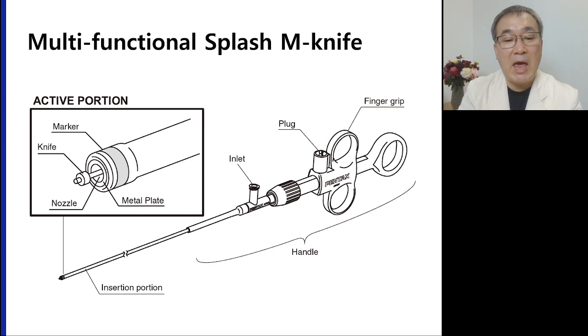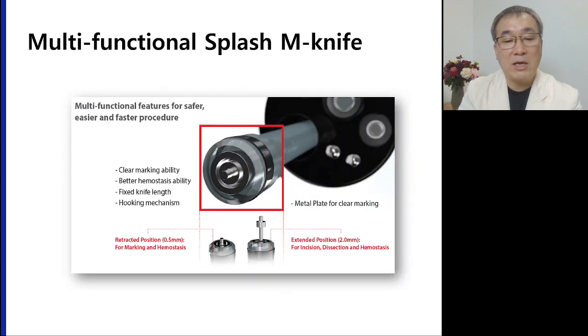At the distal end of the knife, there is a metal plate which is useful for bleeding control even in retracted position. The length of the ESD needle is 2 mm in extended position and 0.5 mm in retracted position.